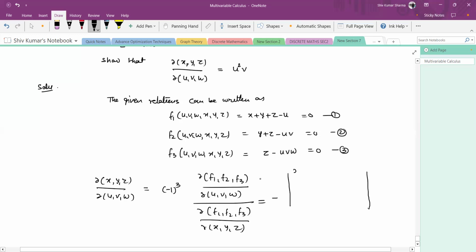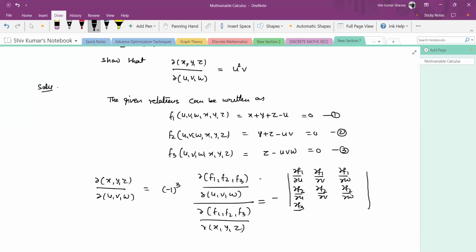So the numerator is the determinant with rows: del f1 upon del u, del f1 upon del v, del f1 upon del w; del f2 upon del u, del f2 upon del v, del f2 upon del w; del f3 upon del u, del f3 upon del v, del f3 upon del w.